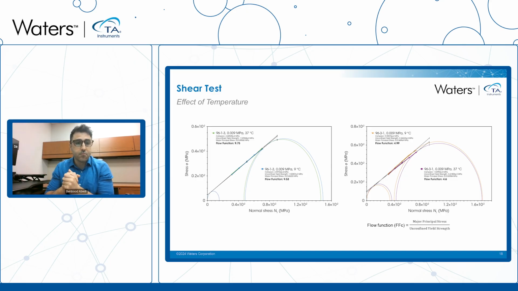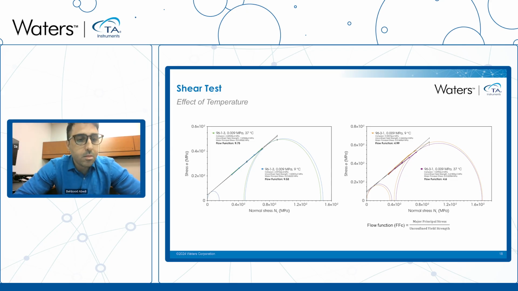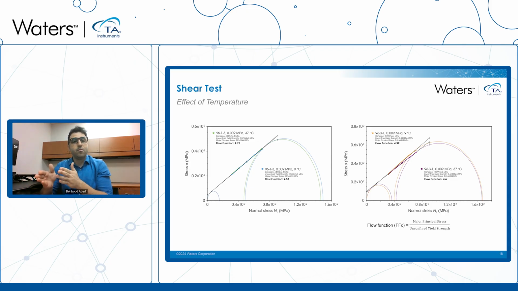So you see here for the 9631, the flow function is around 5, on the border of cohesive flow and easy flowing, and for the 9613 it is around 10, on the border of easy flowing and free flowing.